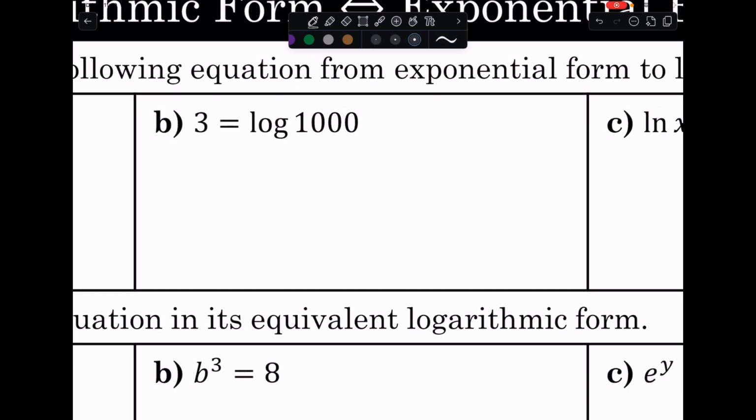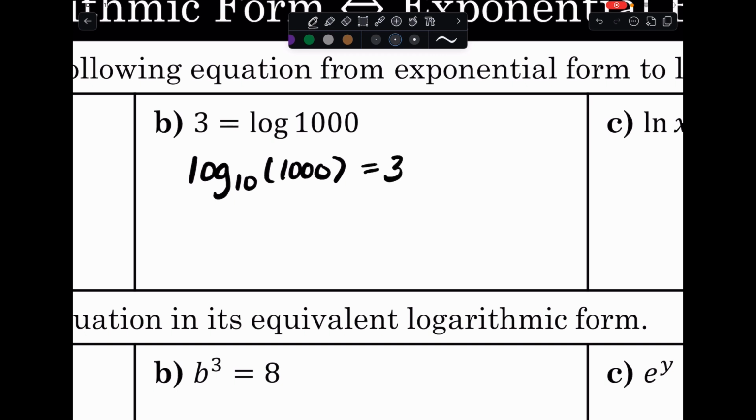Let's now look at this next example. So this right here, we have the common log. Notice that there is no base indicated because this is the common log. We have an invisible 10 right there. So let me rewrite this and write first the log base 10 of 1000 equals 3.